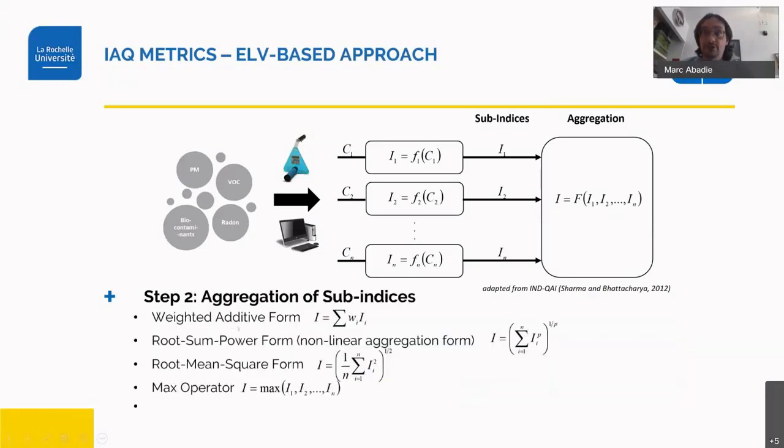To make the aggregation, you find plenty of different forms to aggregate the sub-indices, from direct summation or weighted average or root mean square, or even simpler ones like the max operator or mean operator, the complementary index that we can find.